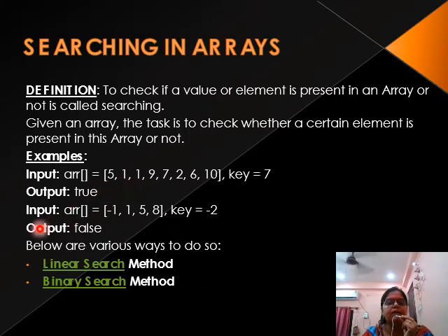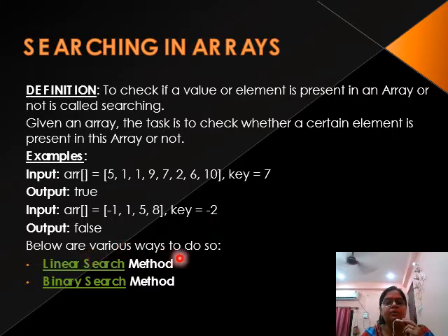In the second example, the array is minus 1, 1, 5, 8. Here we will see whether minus 2 is present in this array or not. First we search minus 1, it doesn't match, and so on for each element. The output will be false because minus 2 is not present in the array.